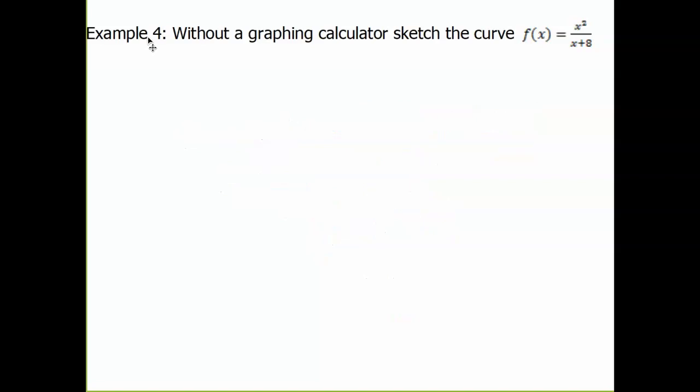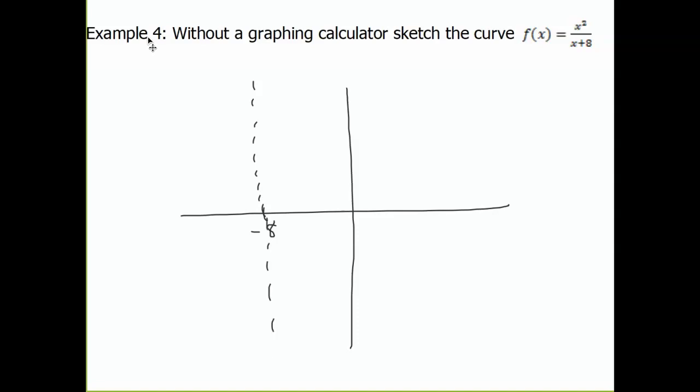So, sketching this, easiest point, vertical asymptote at -8. We know I have a point at 0, 0. And then from there, you're just going to apply what we discovered.